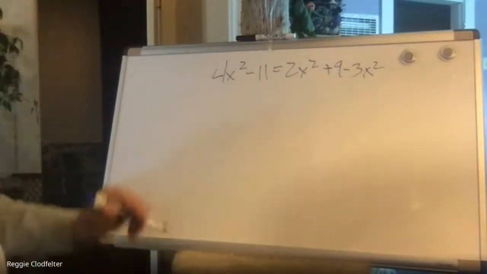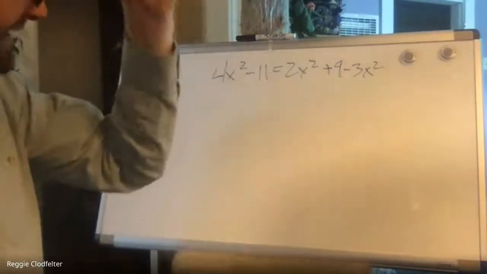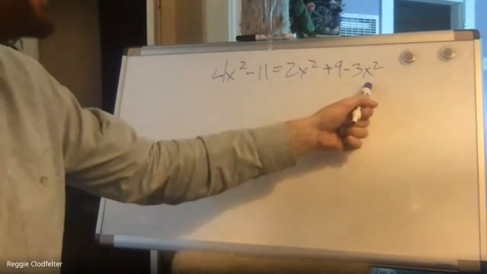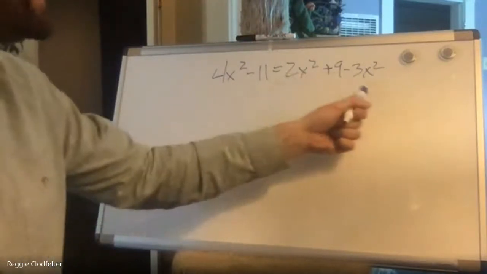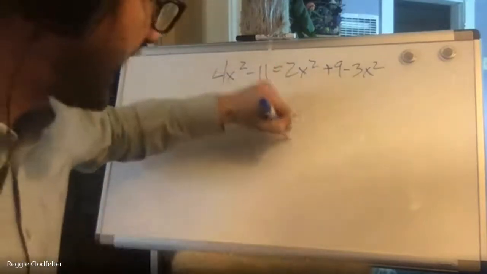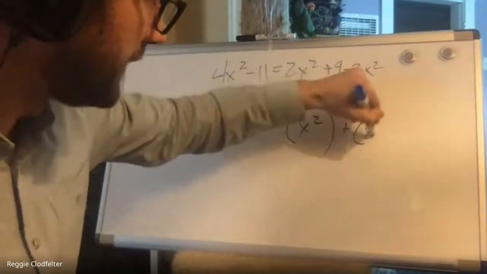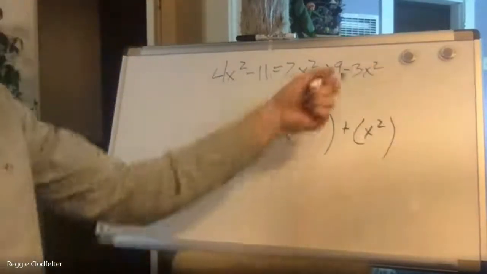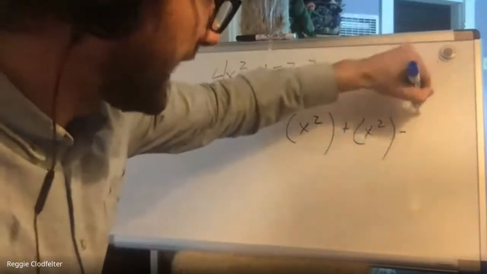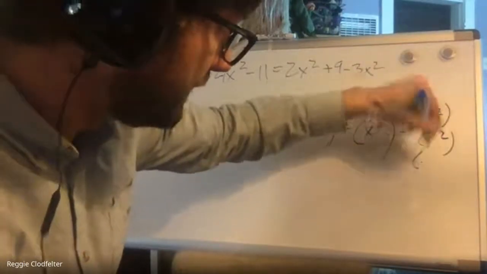Yes. Okay. So the first thing I'm going to notice here is that I have a 2x squared minus a 3x squared. And those are like terms. I now have 2x squareds. You can even imagine I have an x squared and then another x squared. I have 2 of them. And now I'm subtracting 3 of them.